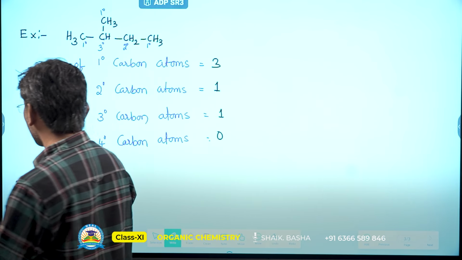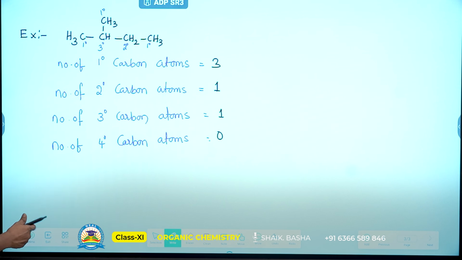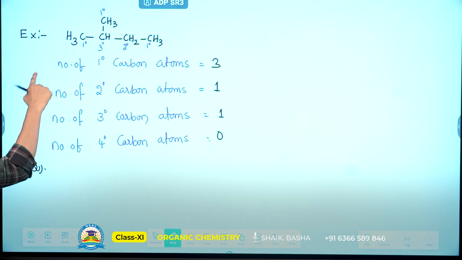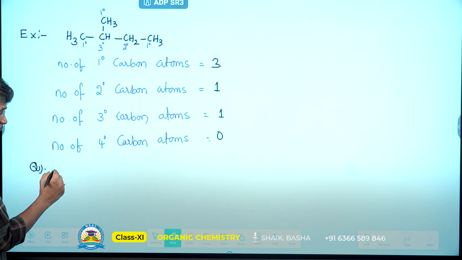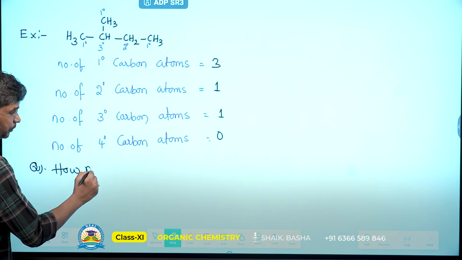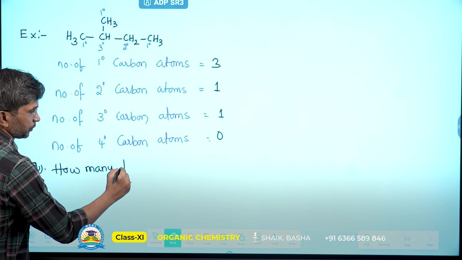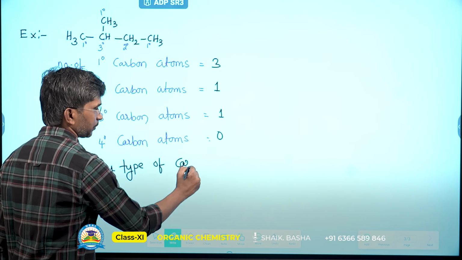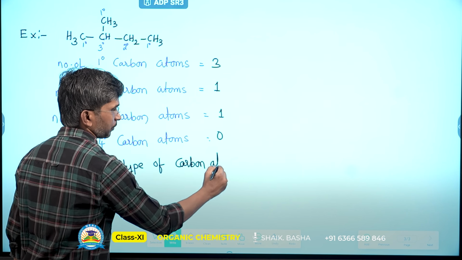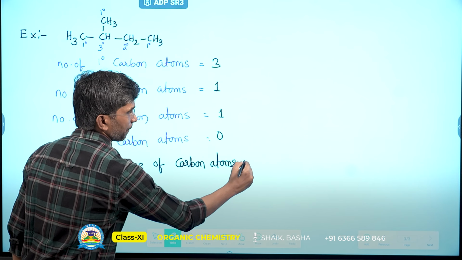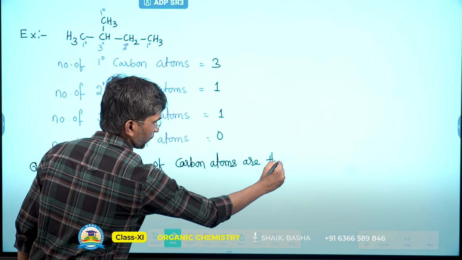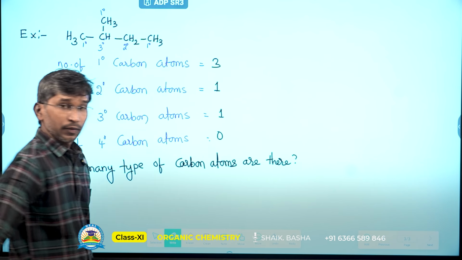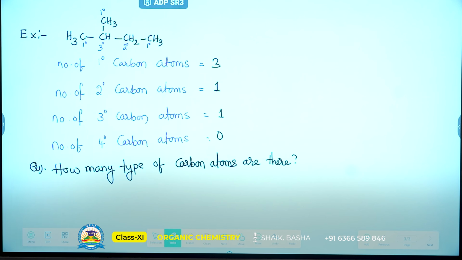Now, one more question we can frame. What is the question? In the given example, how many types of carbon atoms are there?